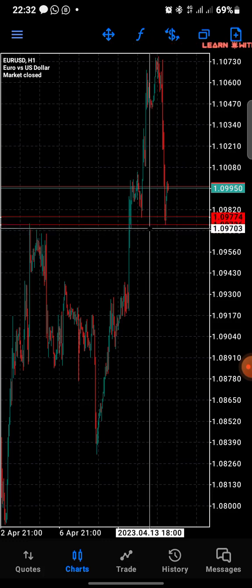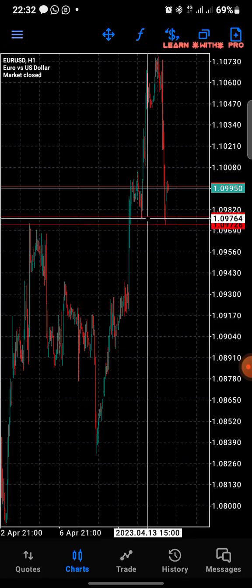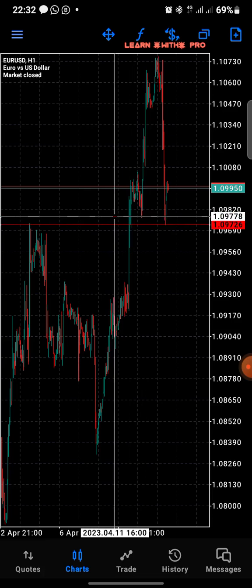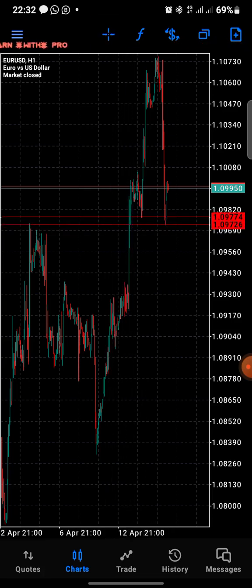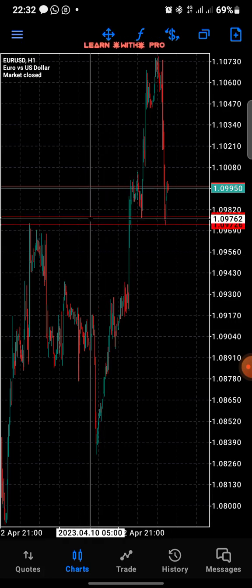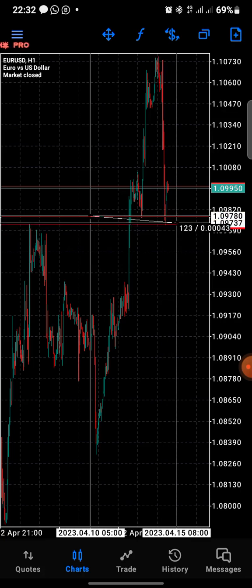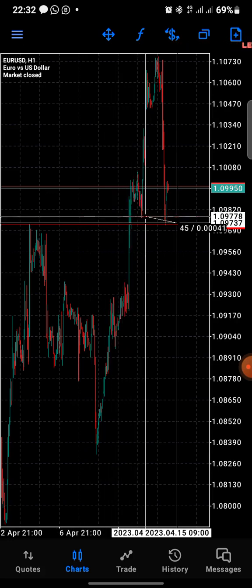Let's say you use a lot size of one. That's the standard lot size, if you can remember. With a lot size of one, for every pip you are gaining or losing $10. Now if you calculate how many pips from here to here, let me calculate.